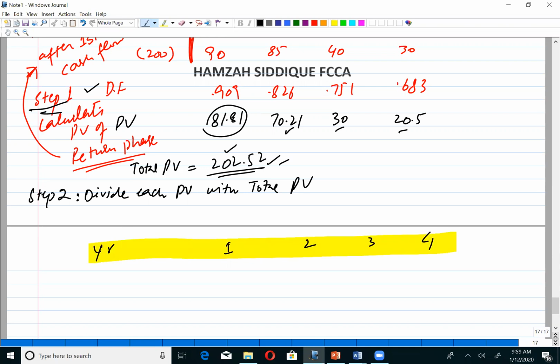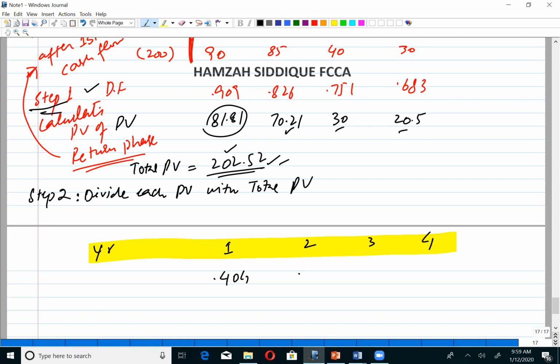Now, 81.81 divided by 202.52. It is 0.404. 70.21 divided by 202.52.